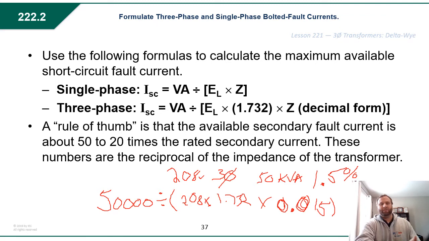50,000 divided by 208 times 1.732 times 0.015, I would have an available fault current of 9,253 amps.